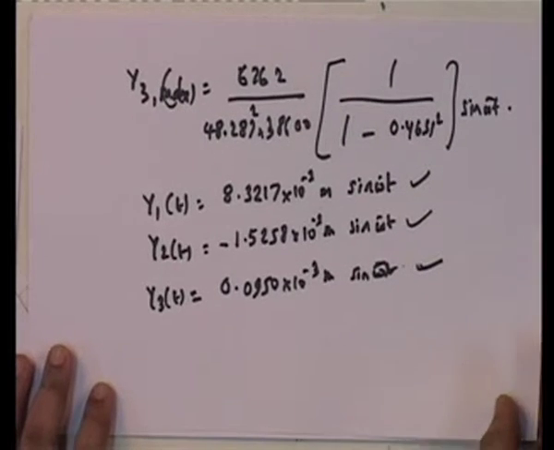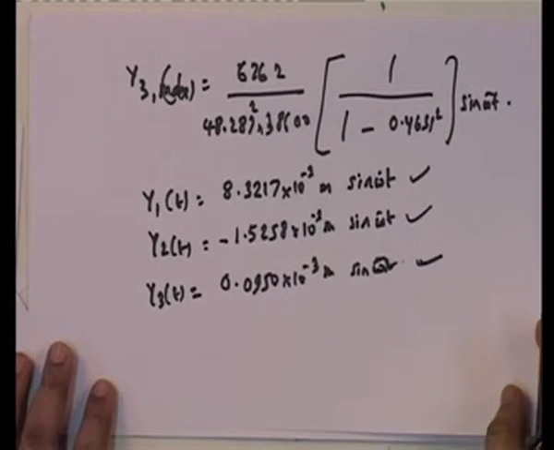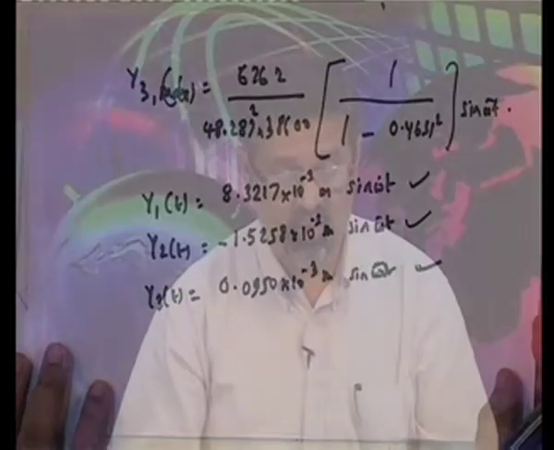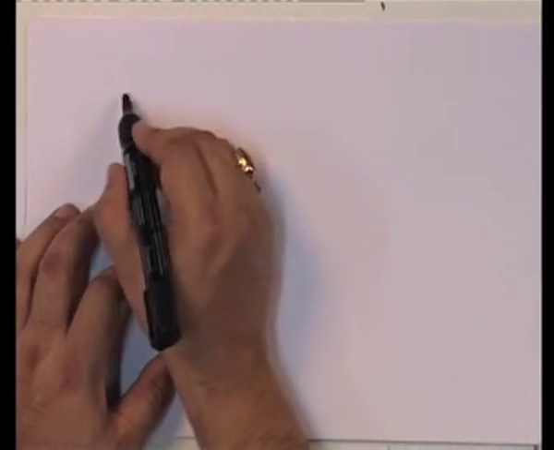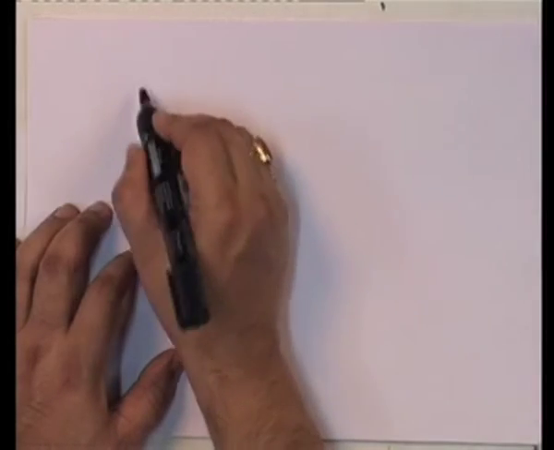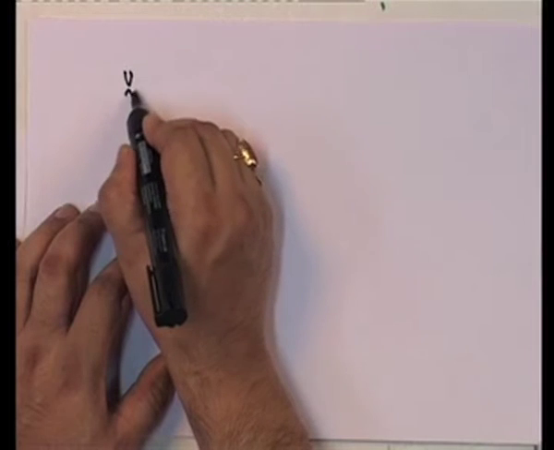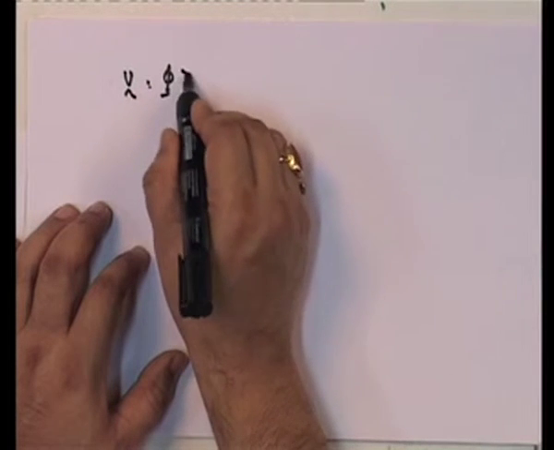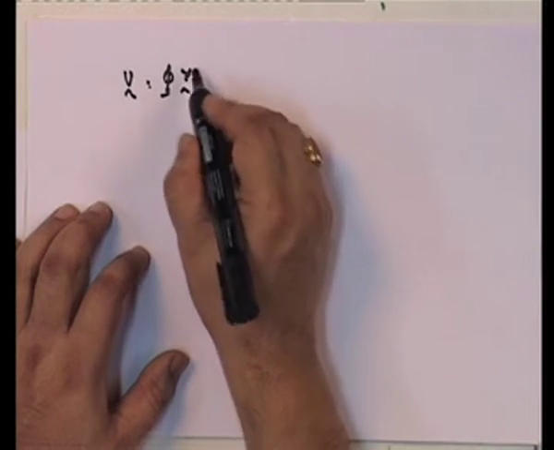Let us see what we get. Once I have got y1 of t up to yn of t, I can find v by doing phi transpose y.